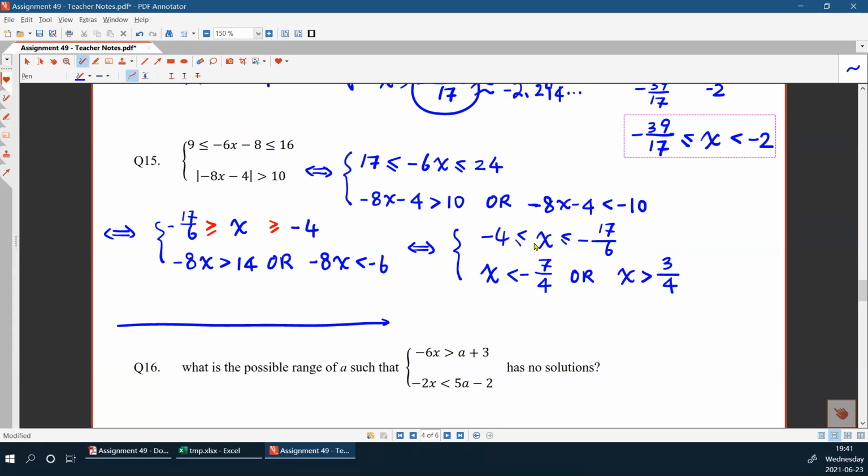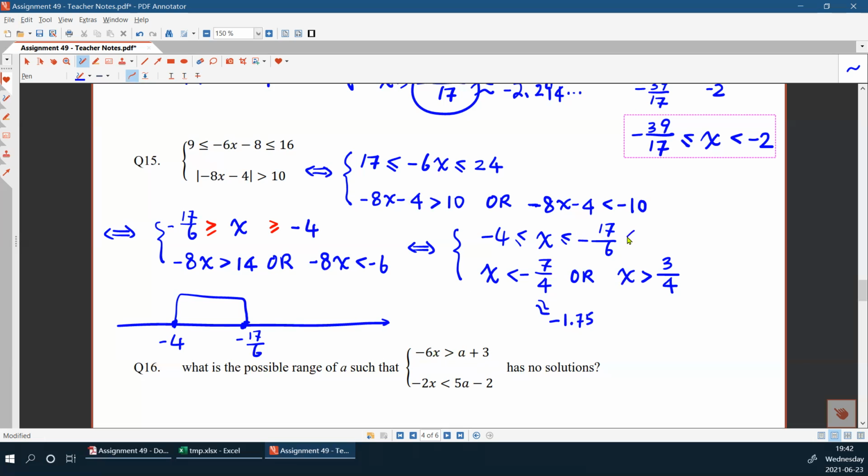First of all, we need to decide the relative positions of the four boundaries. So first solution is from -4 to -17/6, right? This is the first solution. Next, -7/4. -7/4 is about -1.75, right?